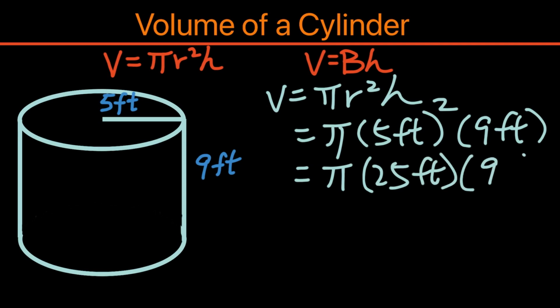Then we times that by the height. 25 times 9 equals 225 pi. And using a calculator, you could take 225 times 3.14, which is pi.